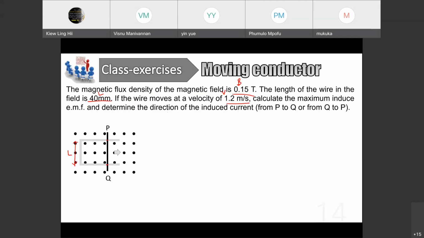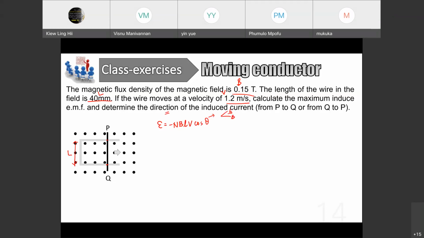Now firstly, determine the magnitude. Since this is a moving conductor, the formula that we use is NBLv cos theta. This theta, again, is the angle between the normal line and the magnetic field.